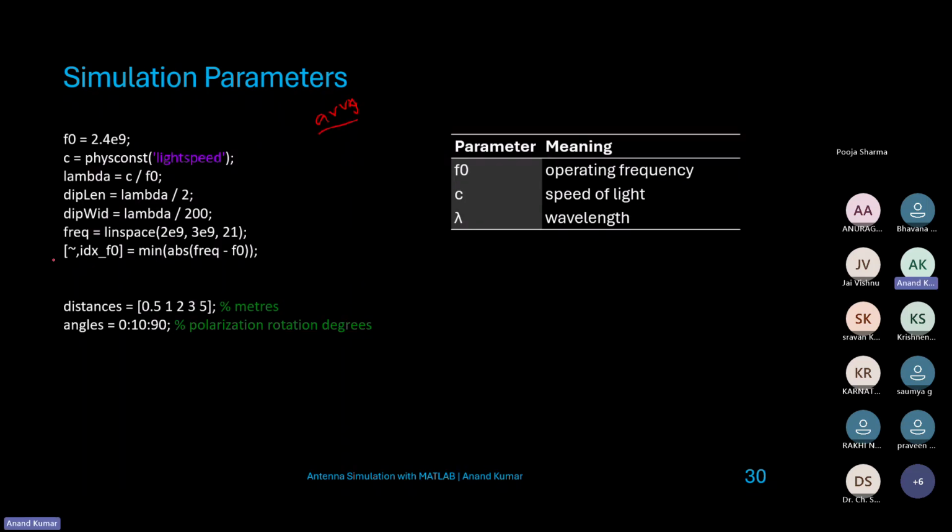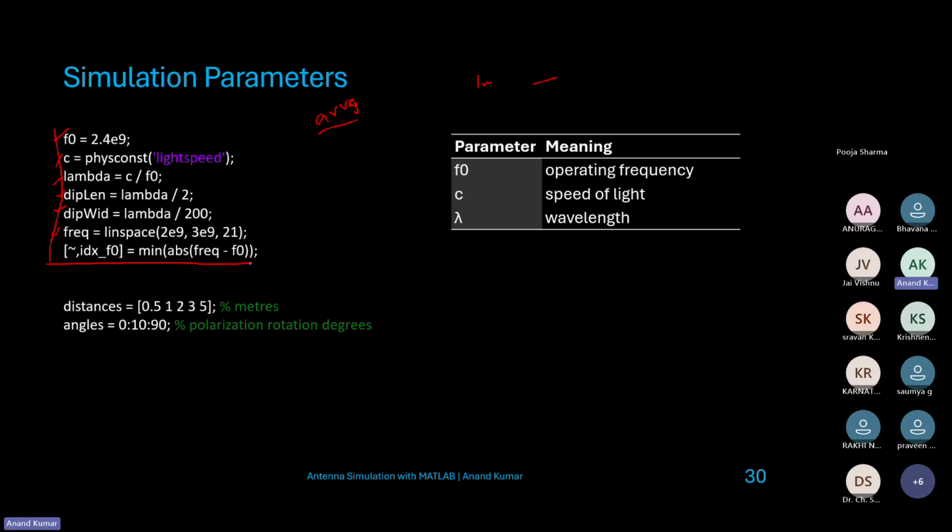To do simple demonstrations, we'll use the linear array and then just manipulate the spacing. So first we define the simulation parameters: the frequency, the velocity of light, the wavelength, then the dipole length, dipole width, and the frequency range in which we want to see the results.